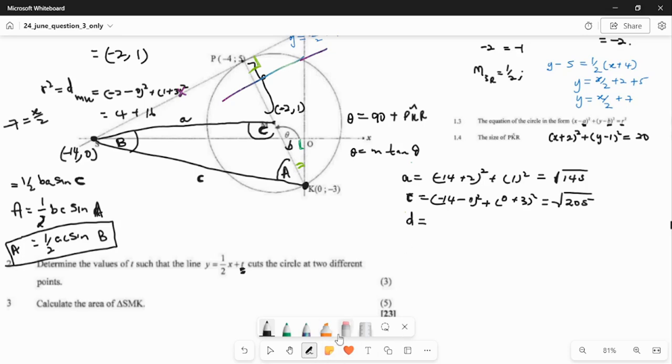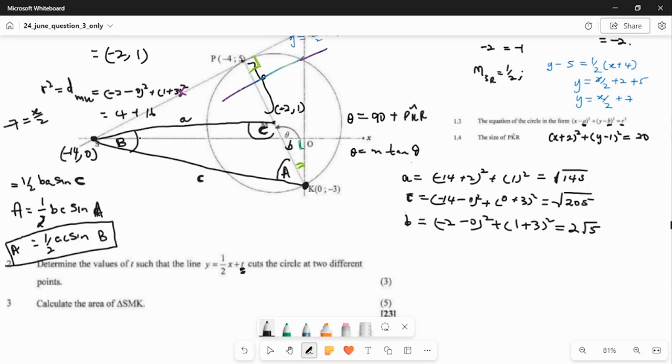So our distance of B is minus 2 minus 0 all squared plus 1 plus 3 all squared. I'm getting 2 square root 5.